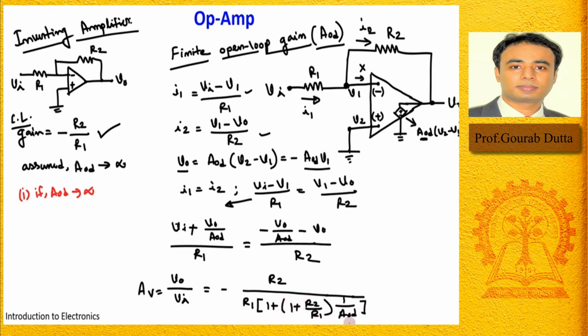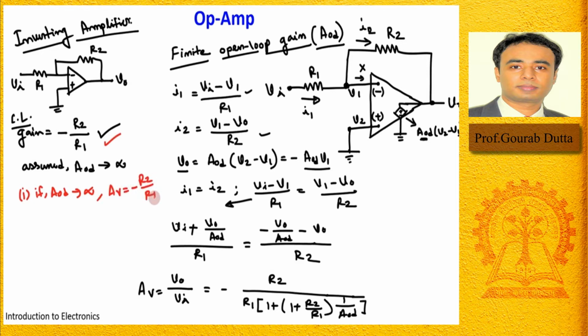This entire part become 0, right? Then the gain becomes minus R2 by R1, which is exactly this one, isn't it? Okay. So if this, then this gain is equal to minus R2 by R1.